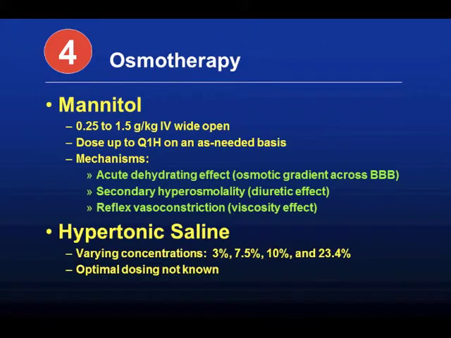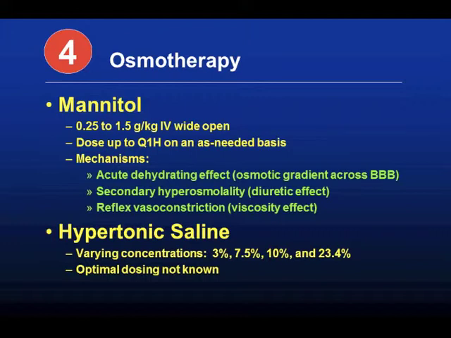In terms of osmotherapy, my last minute or two, we know that mannitol works through an acute dehydrating effect. So it's an osmolar intravascular load, sucks free water, right? And then it causes a secondary vasoconstriction because of the rheologic effects of the mannitol, reducing blood viscosity.